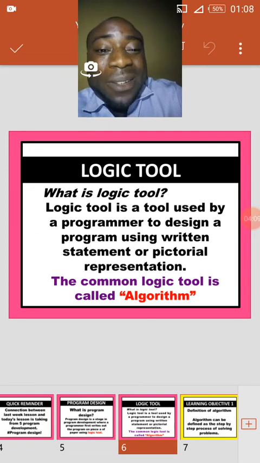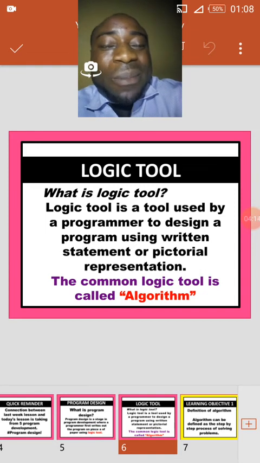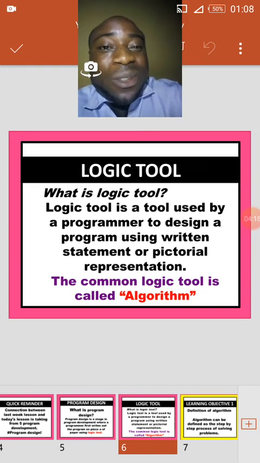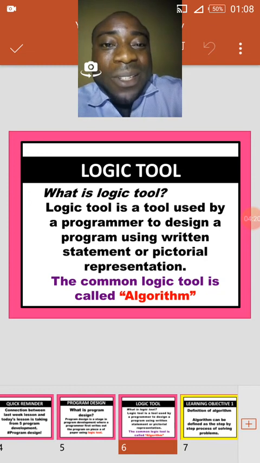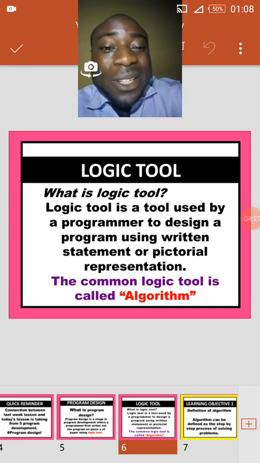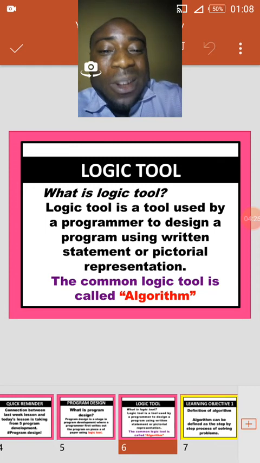That is what a logic tool is: a tool in the hand of a programmer using written statements or pictorial representation. Now, the common logic tool is called algorithm.